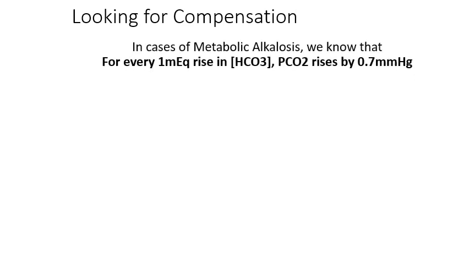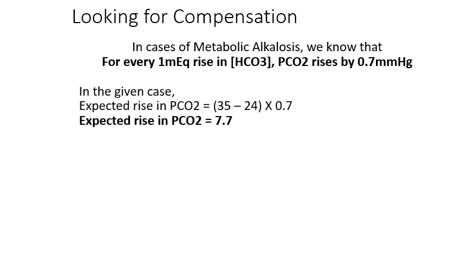Looking for compensation, in this case for metabolic alkalosis, we know that for every 1 milliequivalent rise in bicarb, the PCO2 should rise by 0.7 millimeters of mercury. So in the given case, the PCO2 should rise by 7.7 as calculated here. Expected PCO2 becomes 40 plus 7.7, that is 47.7.